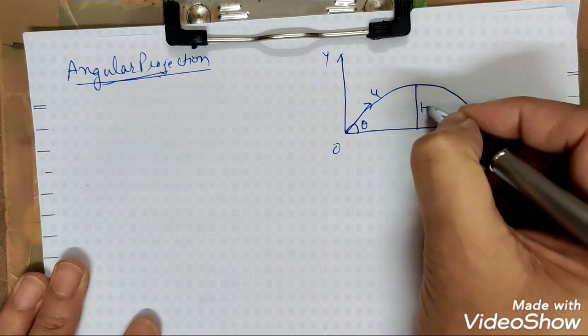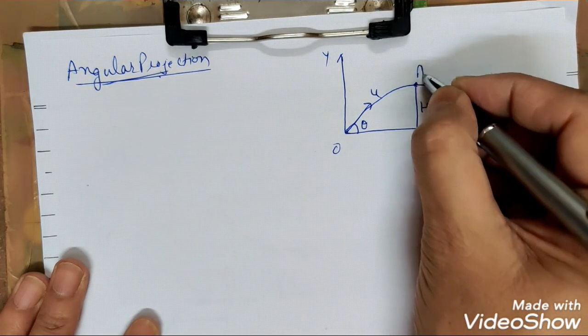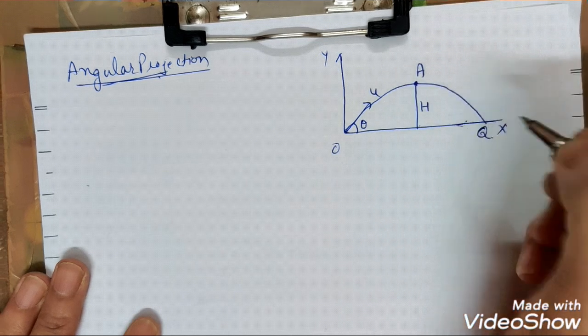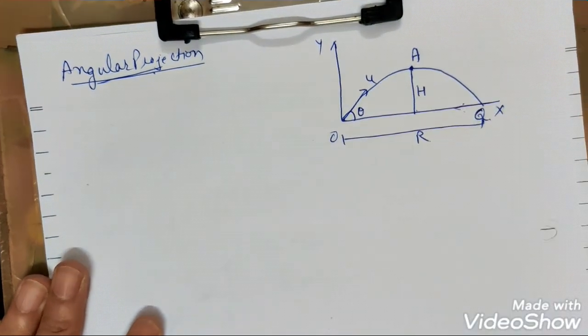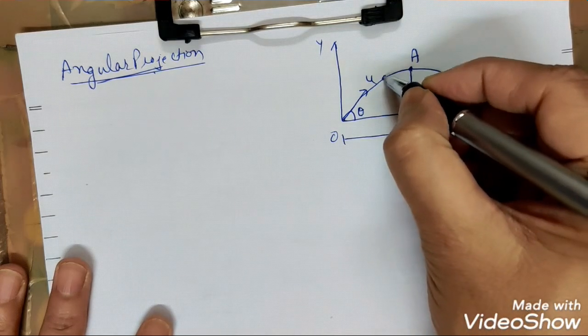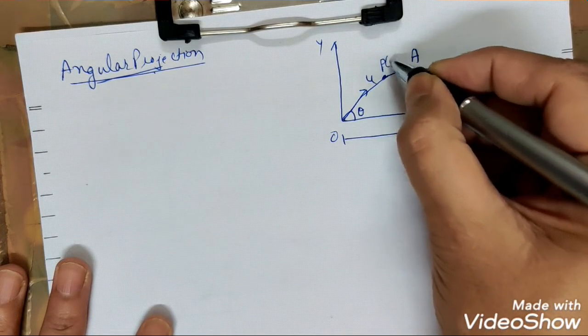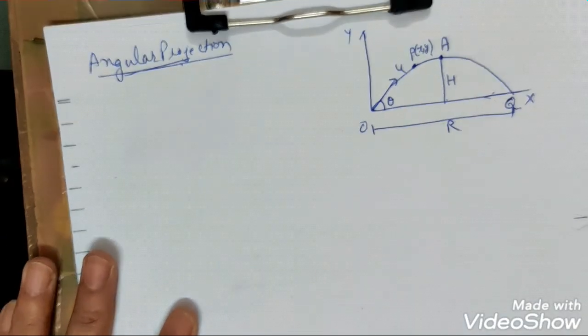Now here is the maximum height, one more point here, and this is again the horizontal range. Now again we are considering the point P here, that is x, y coordinates.